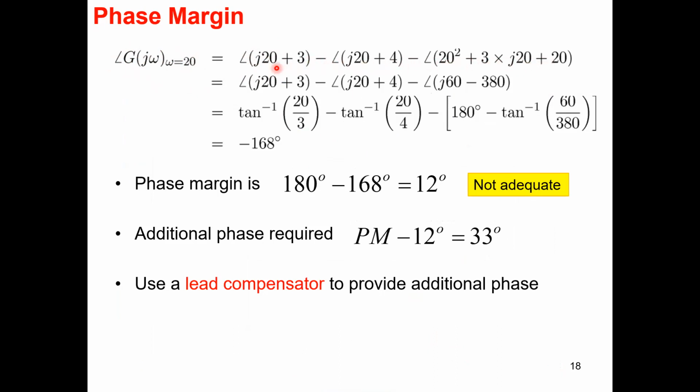Substitute J20 for S. It's a complex number calculation now. So you have the first part here, tan inverse 20/3, second and third parts like this, total 168. This is how you manually calculate the phase for 20 radians per second.